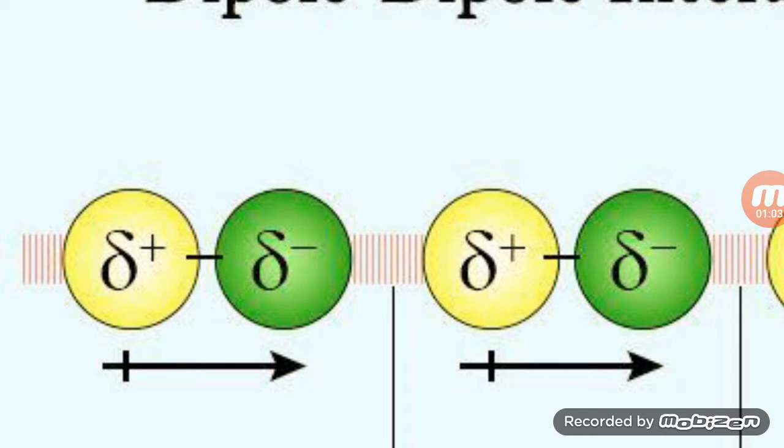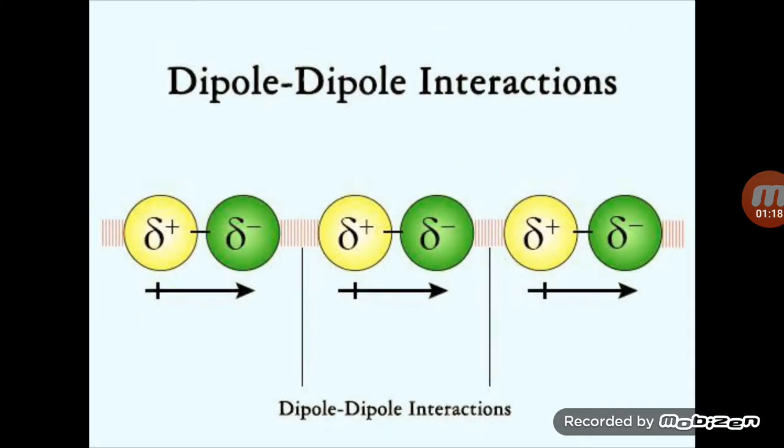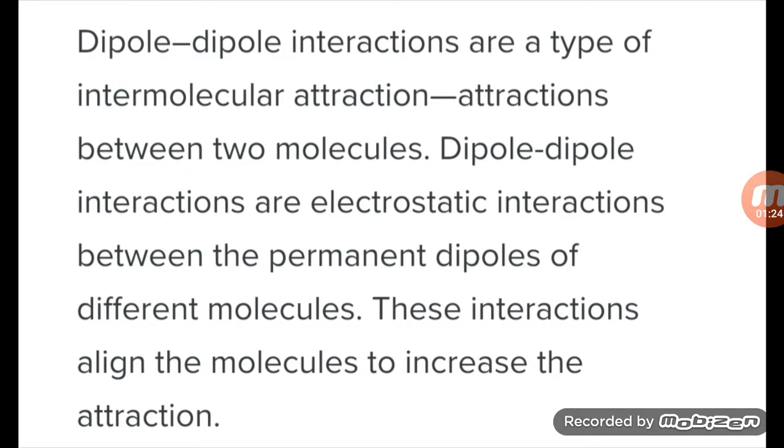So the main thing which causes the poles to be created is the electronegativity difference, and that electronegativity difference creates two poles inside a molecule, making a dipole-dipole interaction.